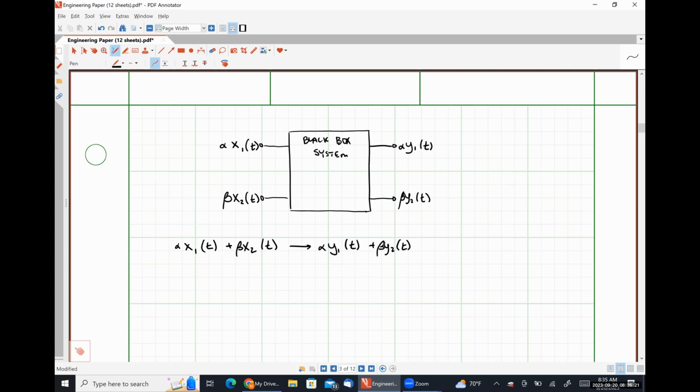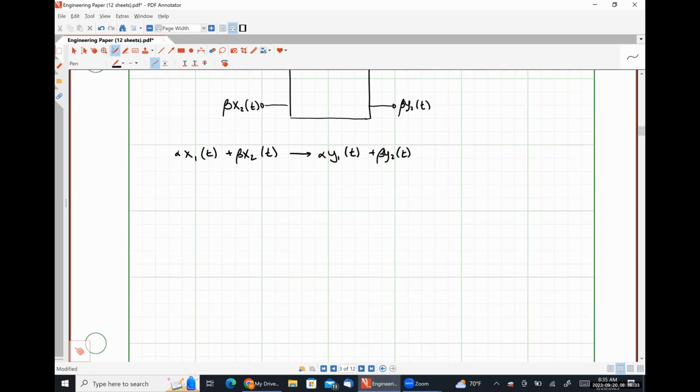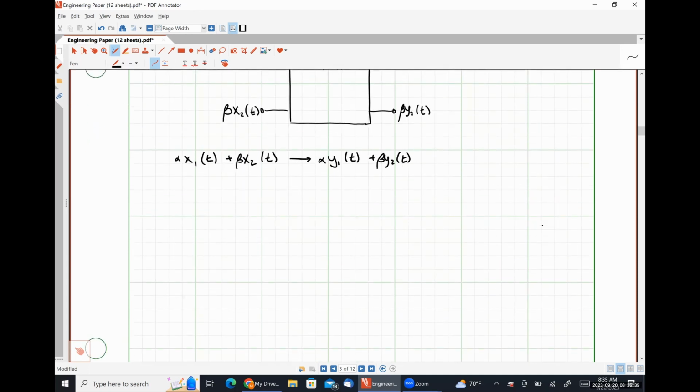So let's look at the homogeneity property as applied to the circuit that we were just dealing with. Let's say that I was going to scale both of my inputs by a factor of 2.